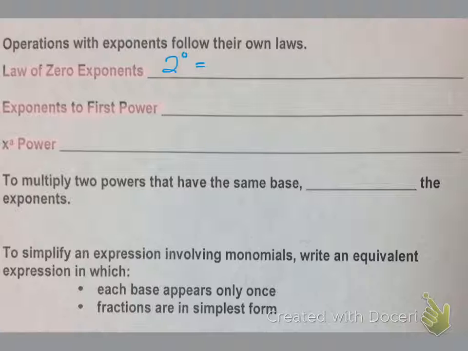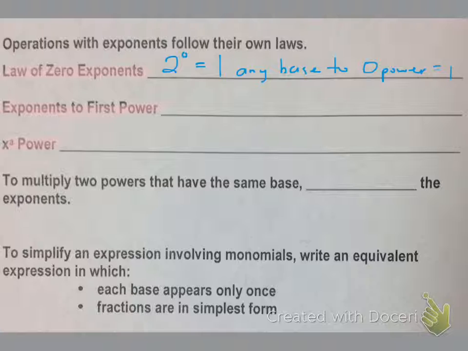So what the law of zero exponents says is that any base to the 0 power equals 1. It could be 1,000 to the 0 power and still be 1.